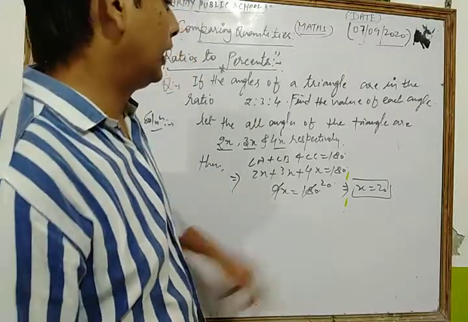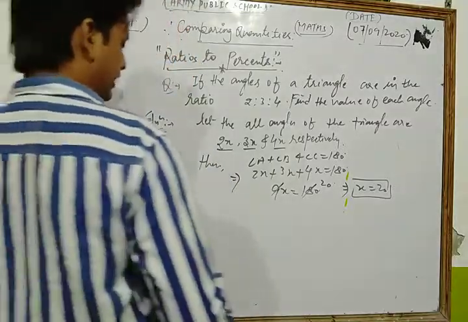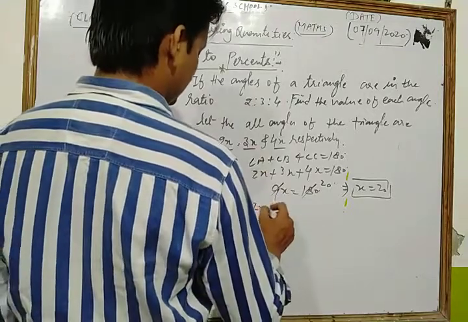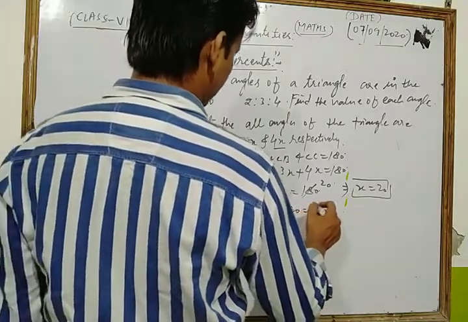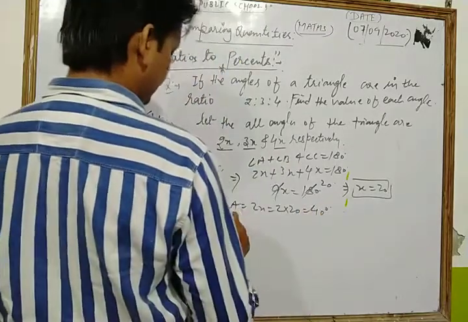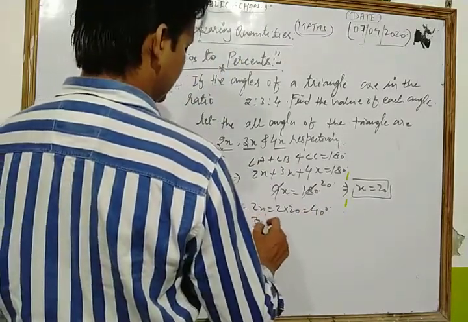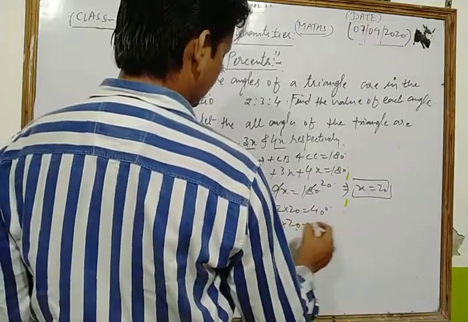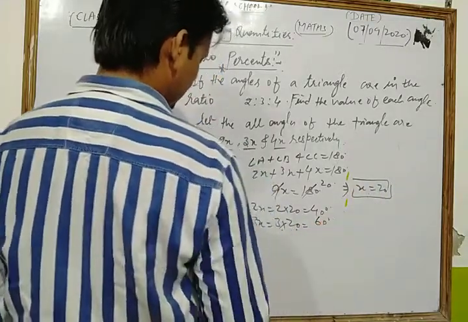Now if x is 20, then angle A is 2x, that is 2 into 20 means 40 degrees. Angle B is 3x, which is 3 into 20 equal to 60 degrees.